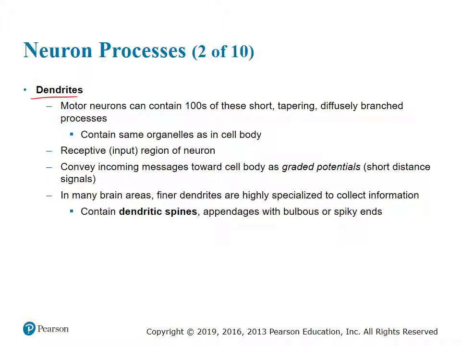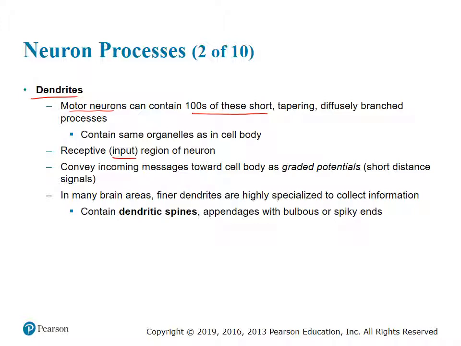So, a little bit about the dendrites. In the motor neurons, we've got hundreds of these little dendrites. That's just to give you an example that they can be many, many. But this is the input region of the neuron.